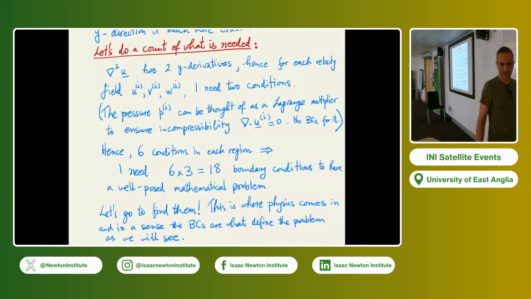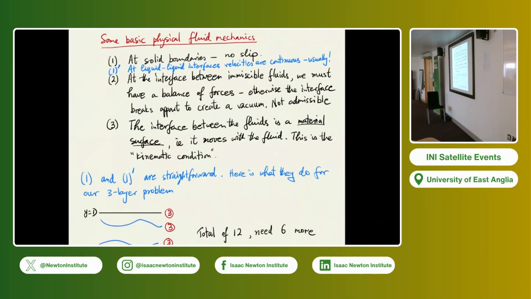So where do these come from? I want to give you some details about where these come from before we get into analyzing them. So let's see. Mathematically, you need to think about the physical problem in order to identify what these conditions are. So here are a few things we know. We have no slip at solid boundaries, but we also have continuity of velocities, usually at liquid interfaces.